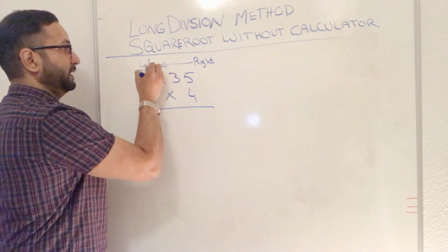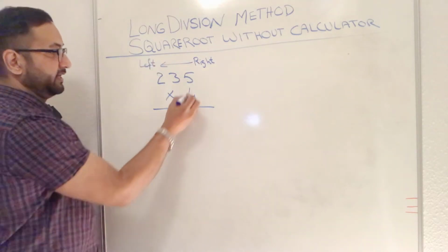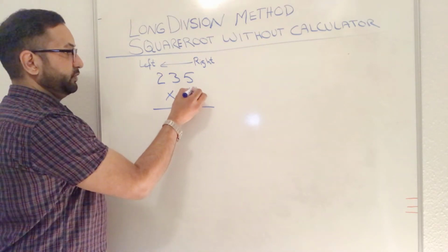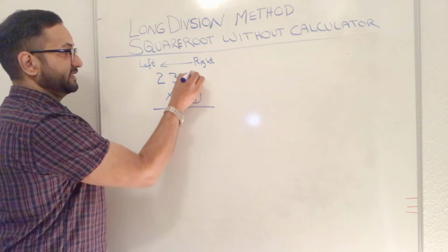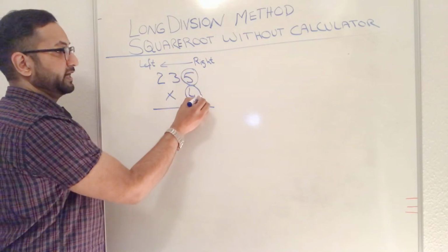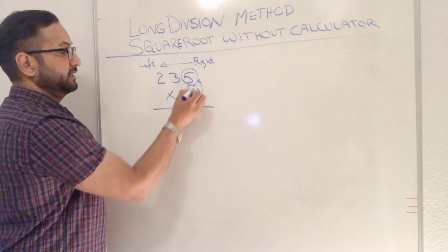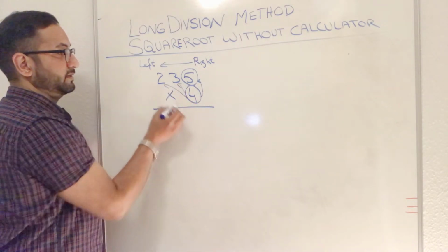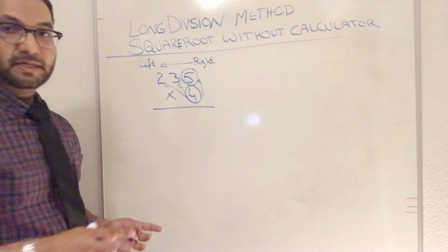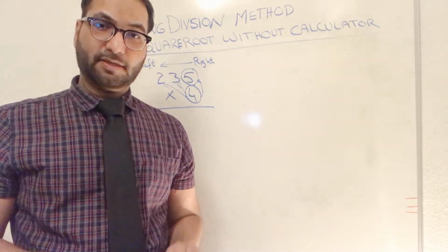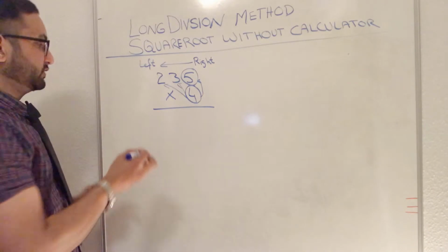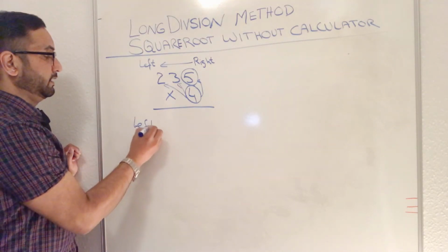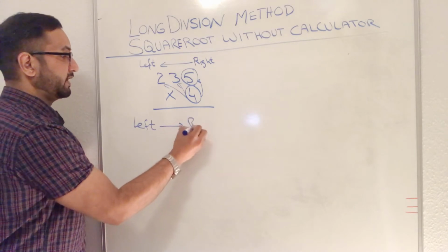We times that value by that, and then we move to the second, then the third, from right to left. But in division this is opposite. We have to select from left to right.